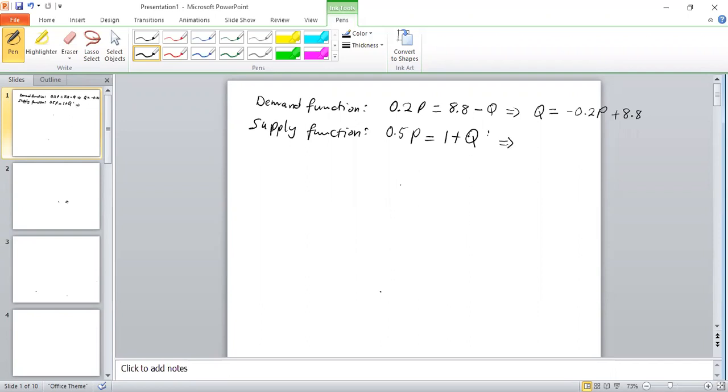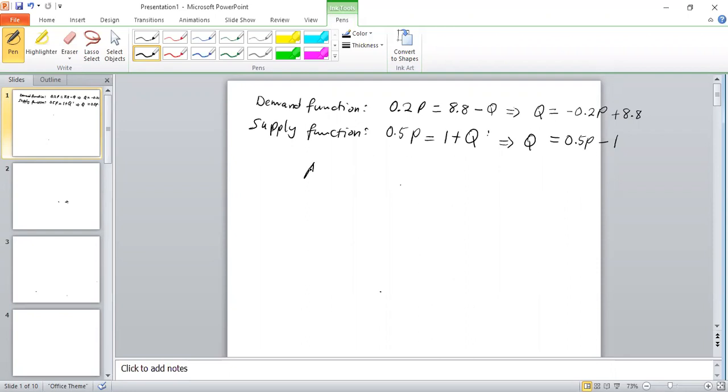Since Q is positive here, it means we just take 1 the other side so that Q is equal to 0.5 P minus 1. Then when we do this, it is easier for us to find the equilibrium price.